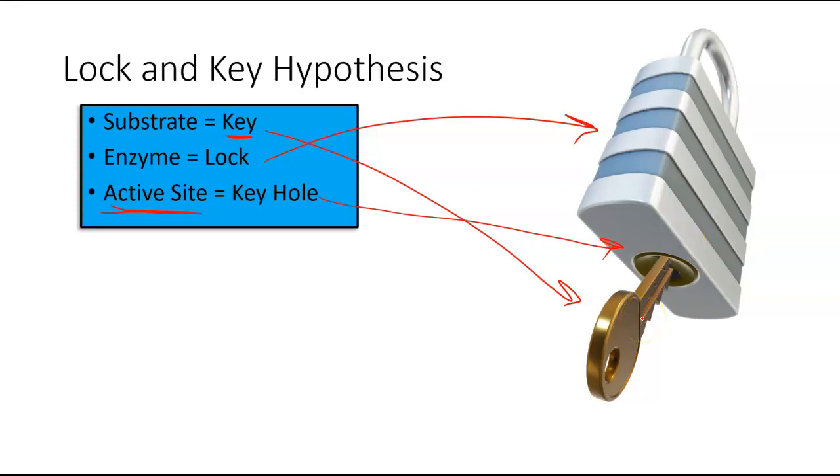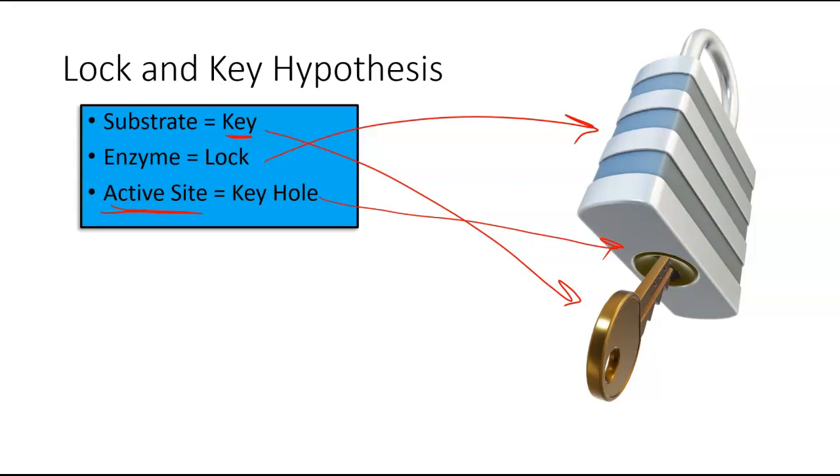Yes. There are instances when slightly different shaped keys can fit into the same lock as a different key because they are similar enough, but there is only one key type that will actively engage and disengage the lock. Okay, very similar to the enzyme substrate complex, or the enzyme substrate specificity.